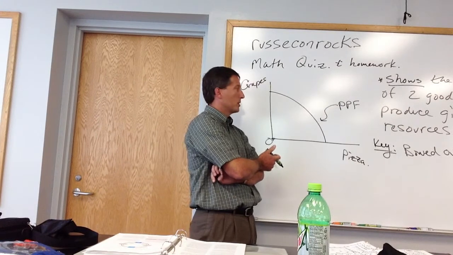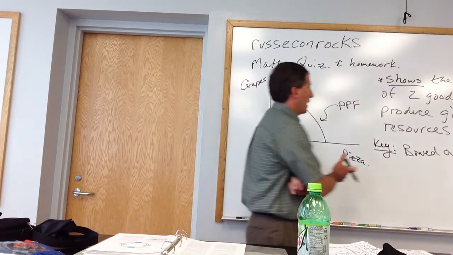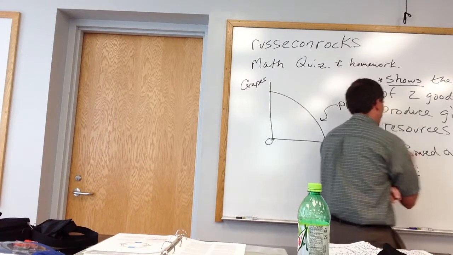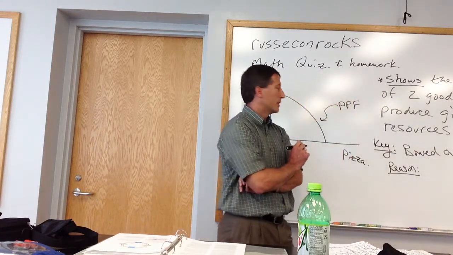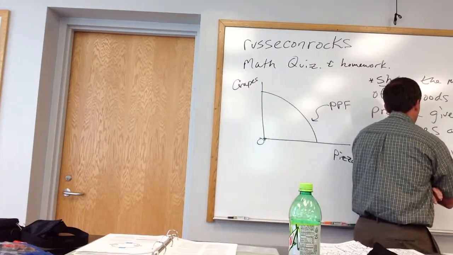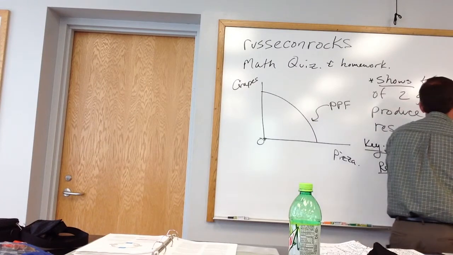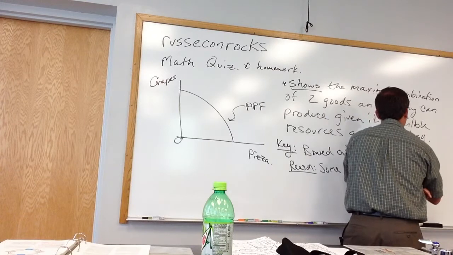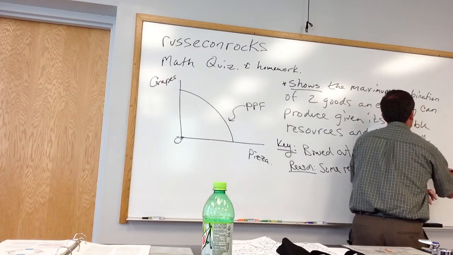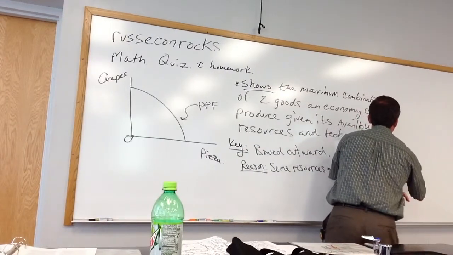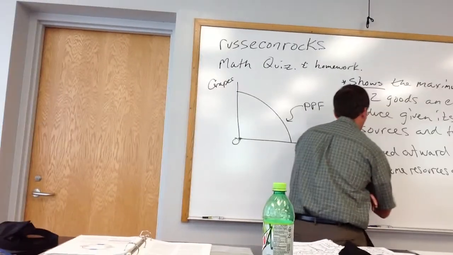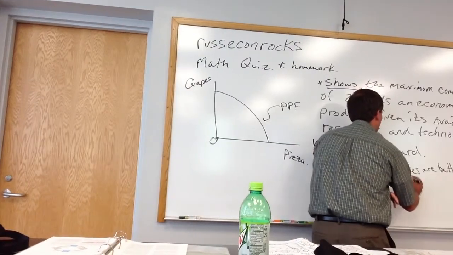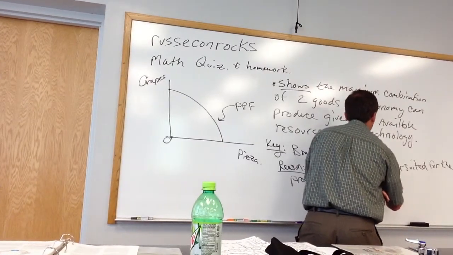Some important results. The reason we believe it bows outward is that some resources are better suited for the production of one good or the other.